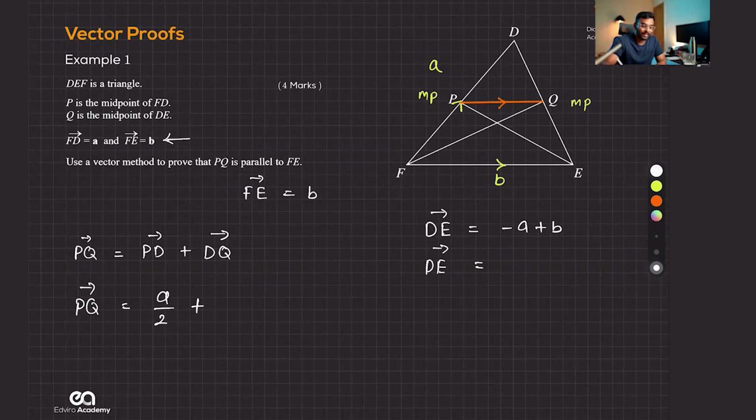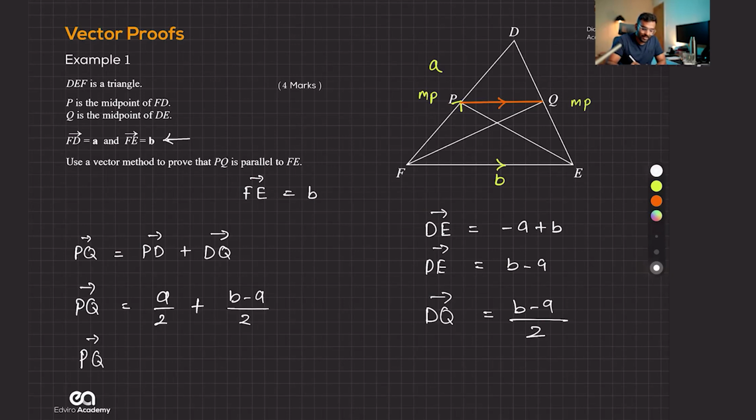Is everyone understanding this part? How I went through that? Yeah, we went. We got to find DE in order to find DQ. Okay, so what is DQ now? DQ is B minus A divided by 2. Put that there, which is B minus A divided by 2.